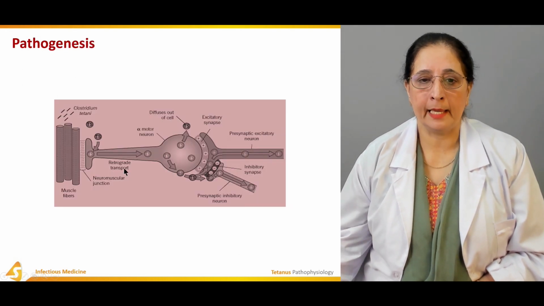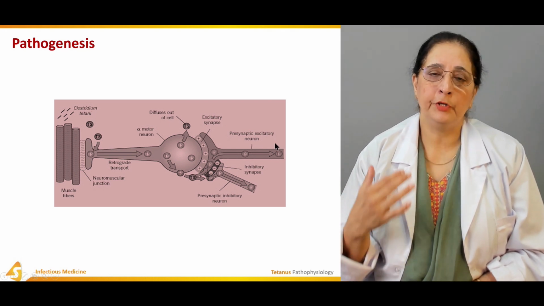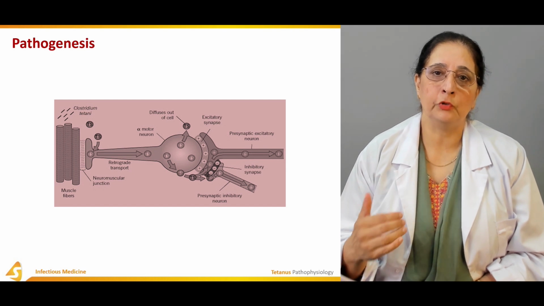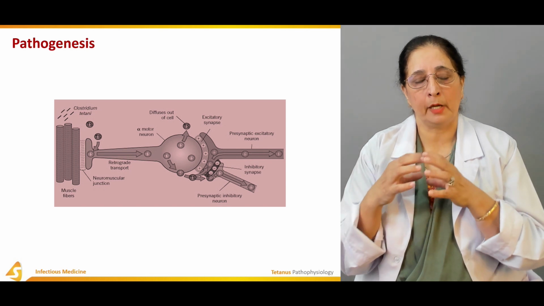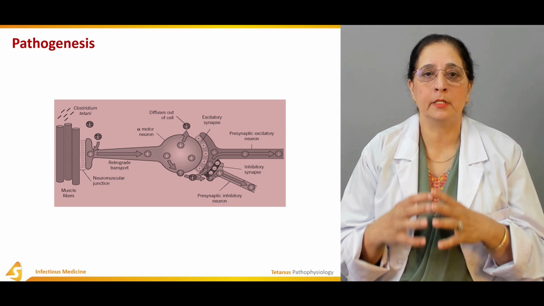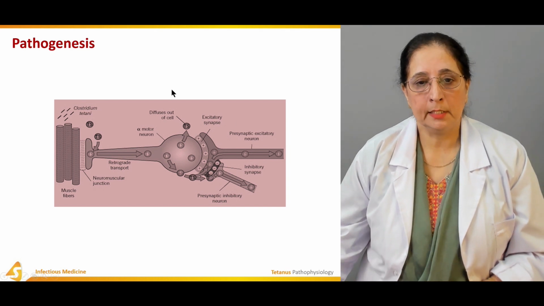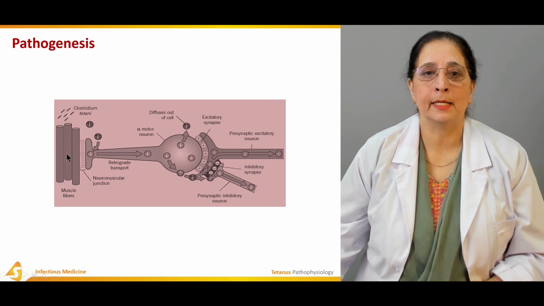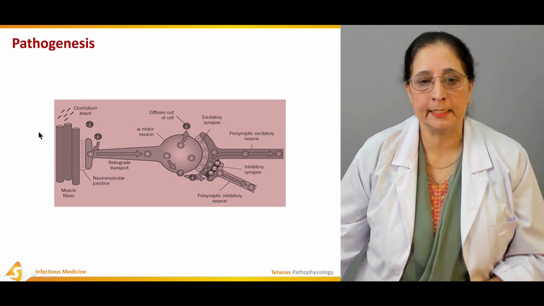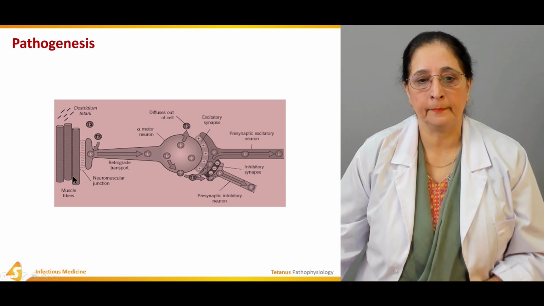Here in this diagram, you can see this is the Clostridium, as we mentioned, that produces the toxin, which is a neurotoxin, grows through the synapses and attacks the muscles, causing spasm of the skeletal muscle. So this is the Clostridium tetani. You can see these are the muscle fibers of the skeletal muscle. That's the neuromuscular junction.